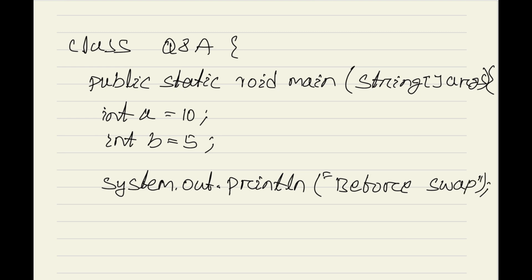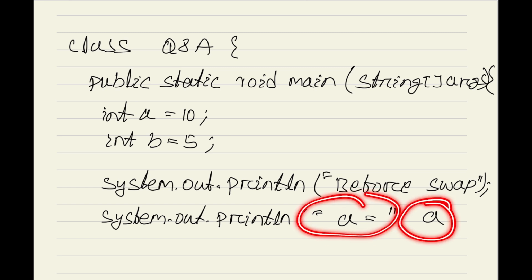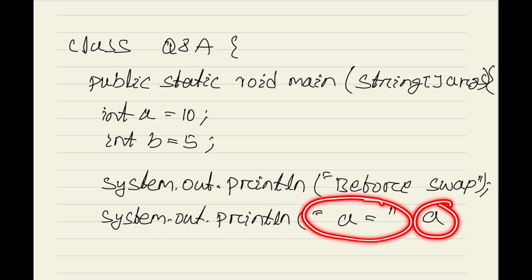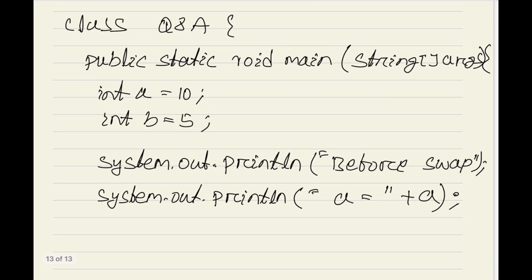Then I can write again system.out.println, a equal to, which I want to print as it is, then the value of a. I want to concatenate this with the value of a, so for that we can use plus, then semicolon.